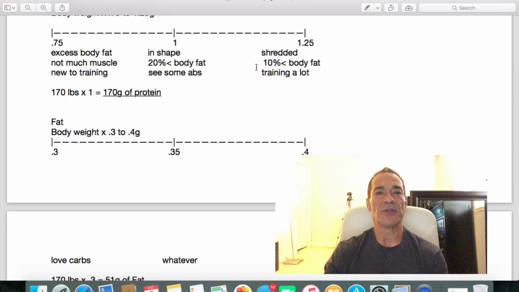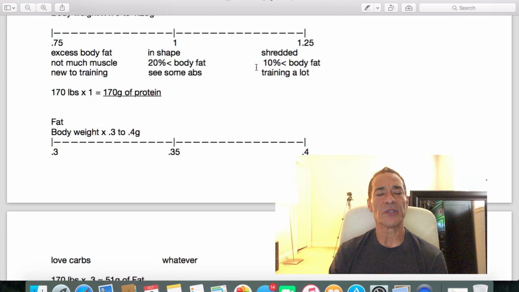Now, the reason why there's a range is 0.75 would be ideal for somebody who has excess body fat and not much muscle, and they're new to exercising or training. You would use 0.75.